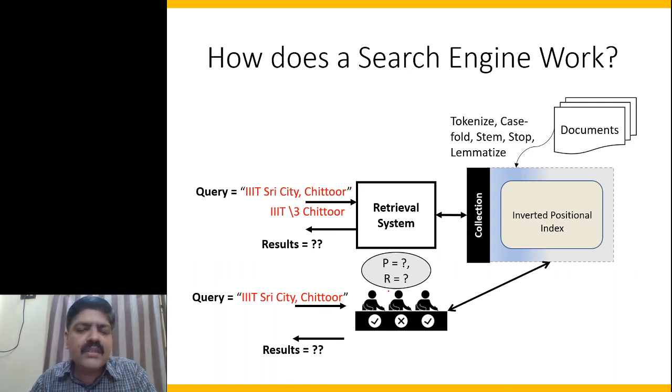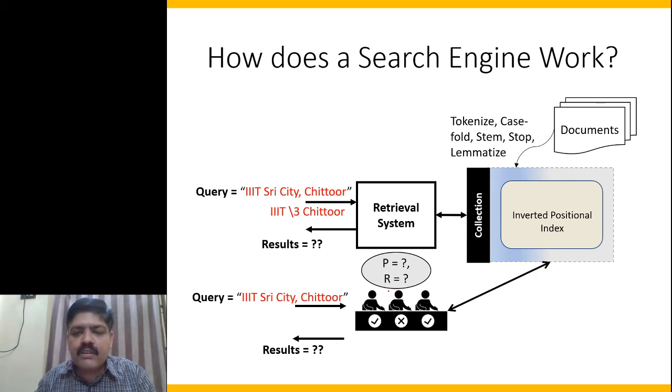So how do they do this? We'll keep that for discussion in the later parts of this course. But for now, let's assume that we had somehow figured out the relevant documents and the judges have that list. Then we could compare that with our results and say how good our system is. At least finding out precision is not that difficult because you have a limited number of documents.